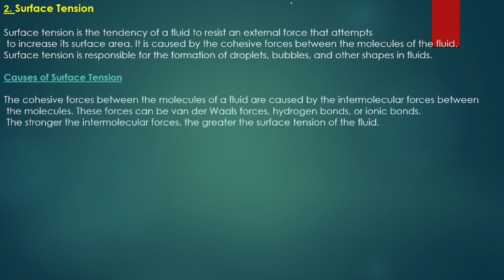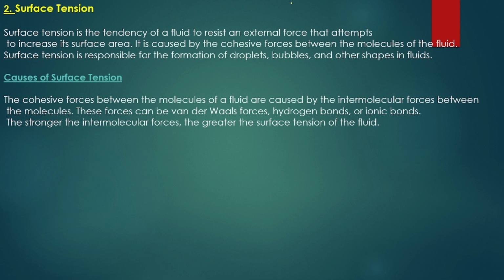Because the cohesive forces between the molecules of a liquid are caused by the intermolecular forces between the molecules. These forces can be van der Waals forces, hydrogen bonds, or ionic bonds. The stronger the intermolecular forces, the greater the surface tension of the liquid.